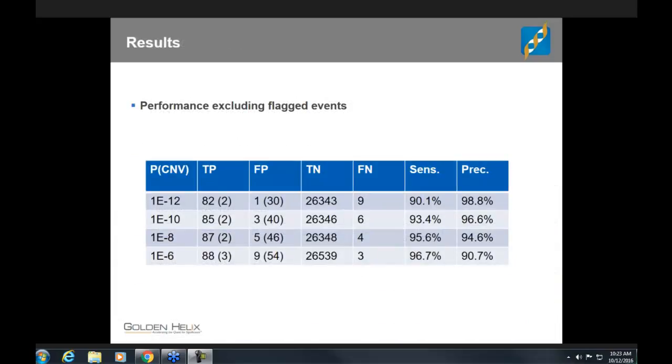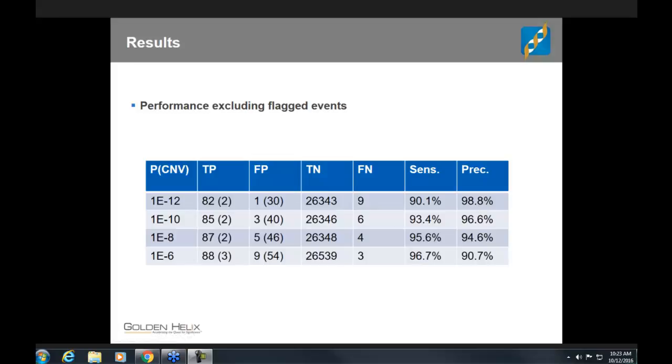So if you apply these flags and you filter out all the events that are flagged, you drastically reduce the number of false positives and drastically improve the precision of the algorithm. And this is illustrated by this table. So we'll see here that when the prior probability is 10 to the negative 12th, our precision is now 98.8%. We're only getting one single false positive.